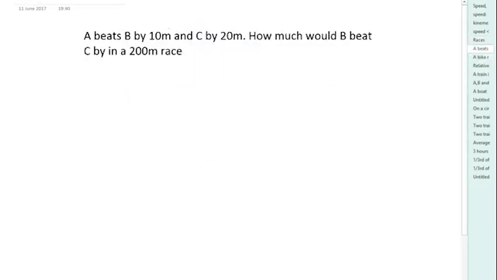Let's see this. A beats B by 10 meters and C by 20 meters. How much would B beat C in a 200-meter race? So what is happening here is that we have a race of, I think we should mention that it's a 100-meter race. It's a 100-meter race and A beats B by 10 meters and C by 20 meters.